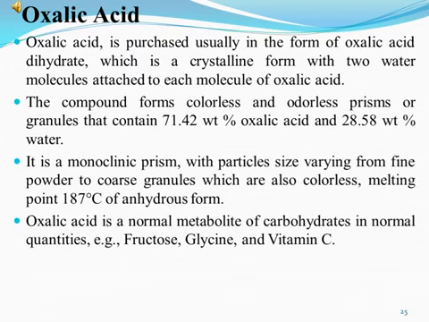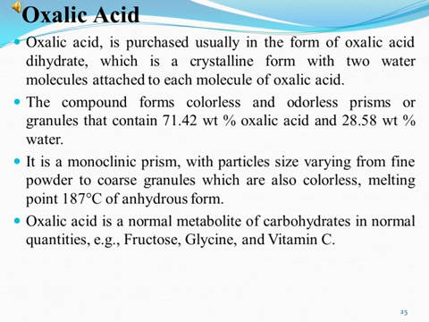Oxalic acid is usually purchased in the form of oxalic acid dihydrate, which is a crystalline form with two water molecules attached to each molecule of oxalic acid. The compound forms colorless and odorless prisms or granules that contain 71.42 weight% of oxalic acid and 28.58 weight% of water.